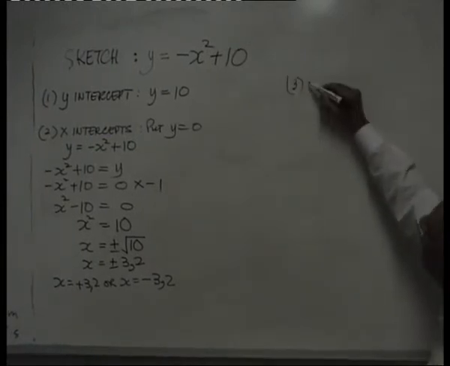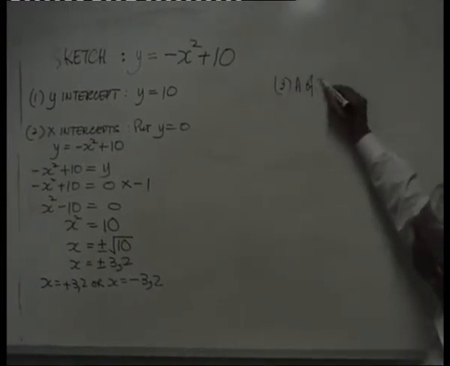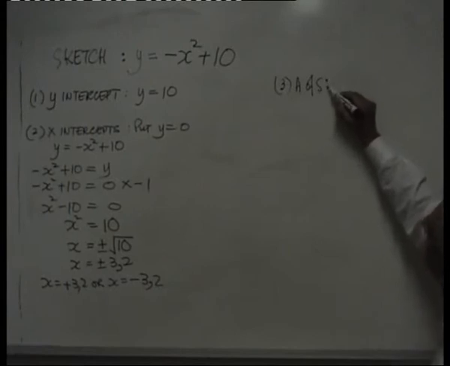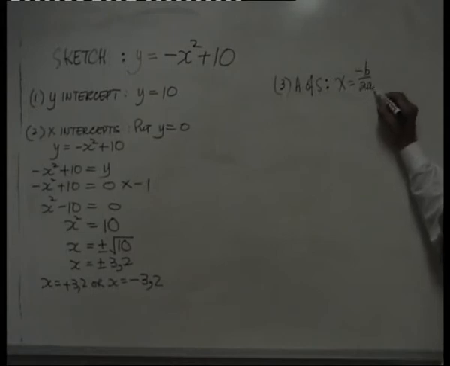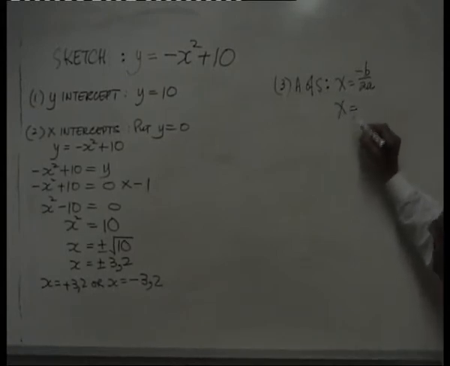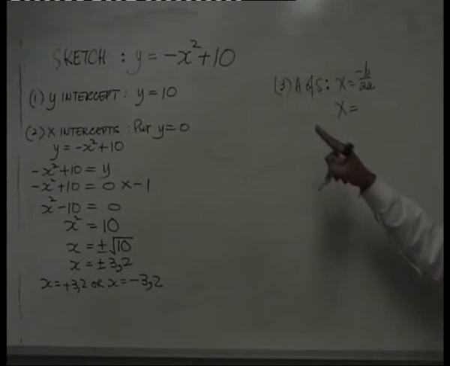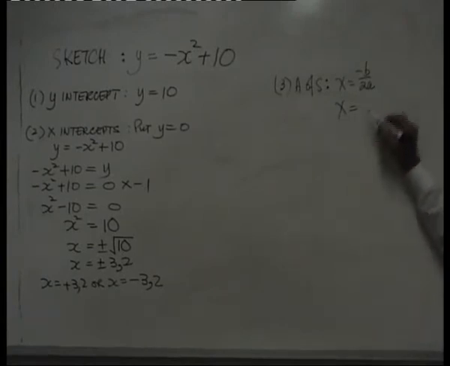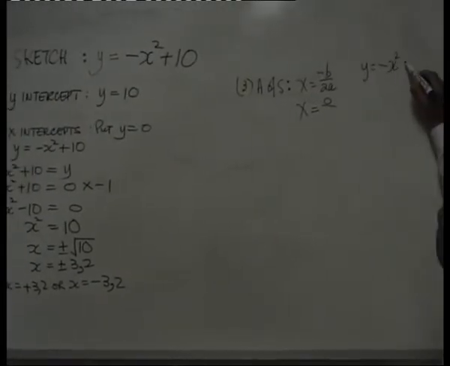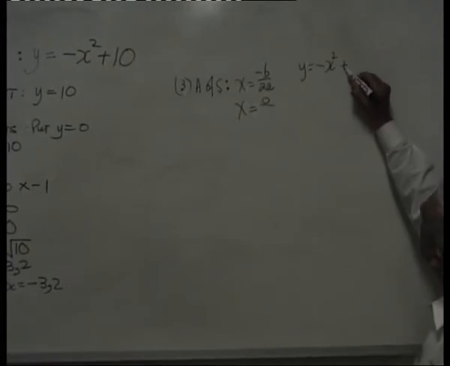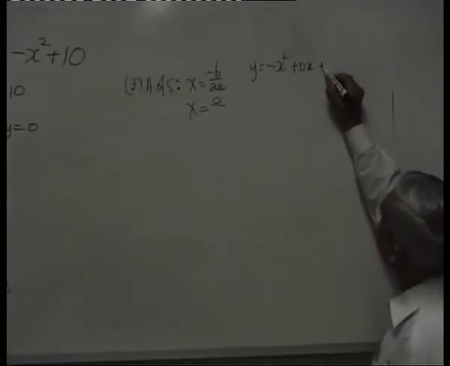In step 3, we're trying to find the axis of symmetry. So x is equal to minus b over 2a. So x is equal to, well, there is no term in x there, therefore b is 0. Remember, y is equal to minus x squared plus 0x plus 10.